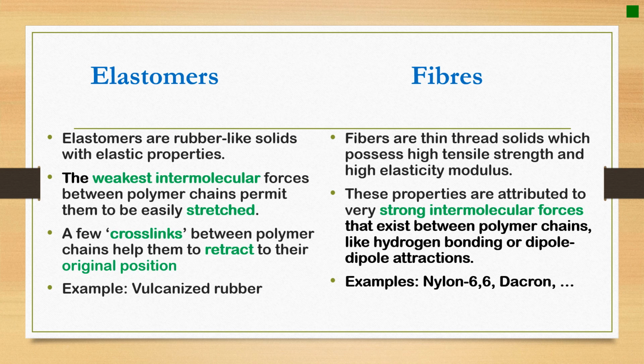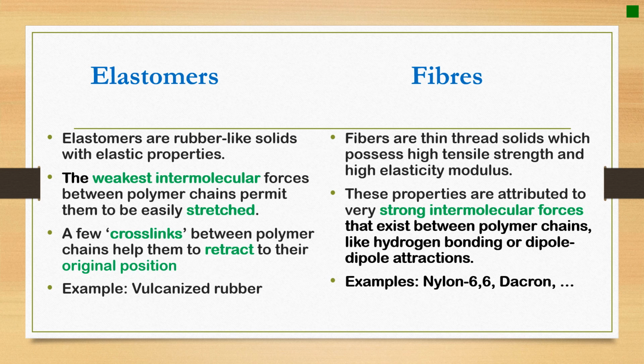Again, a few close links that exist between polymer chains help them to retract to their original positions when the tension force that was applied is removed. Check the example of vulcanized rubber. You use rubber in different activities.